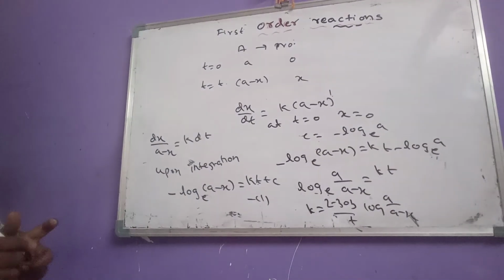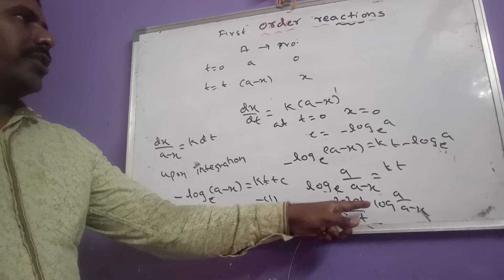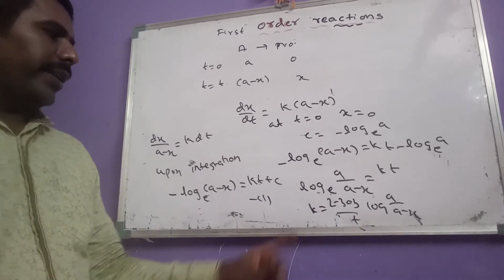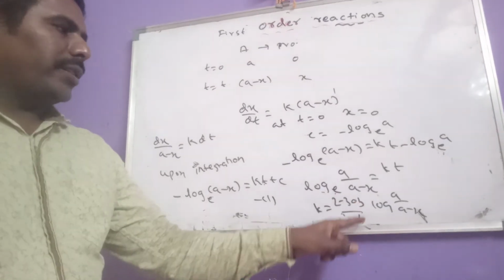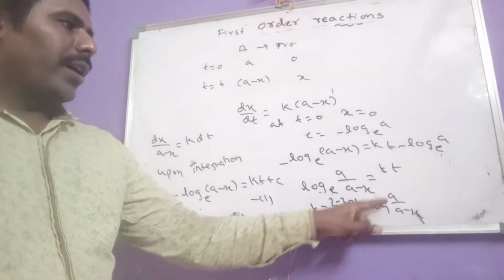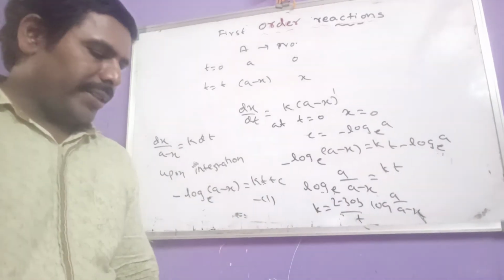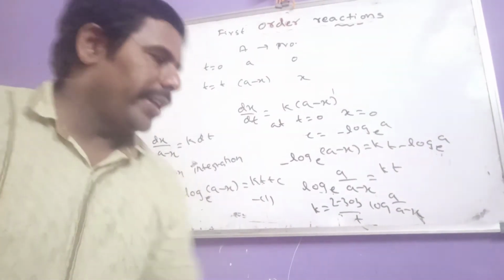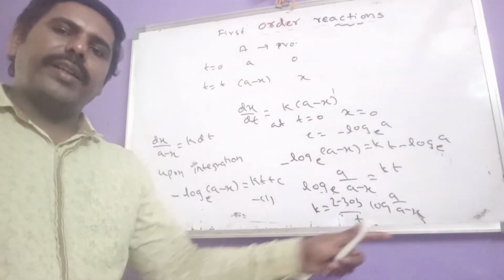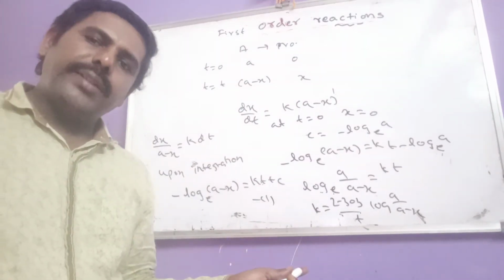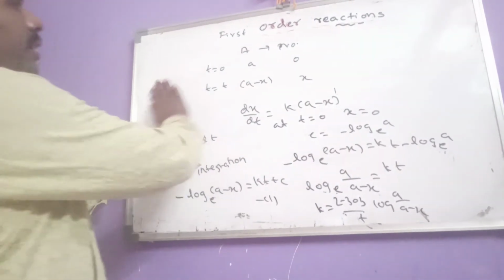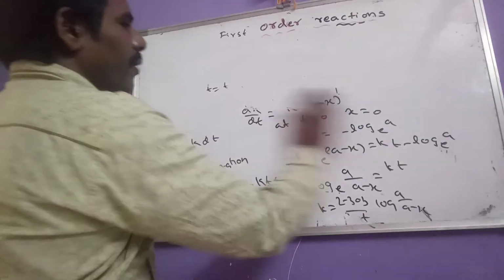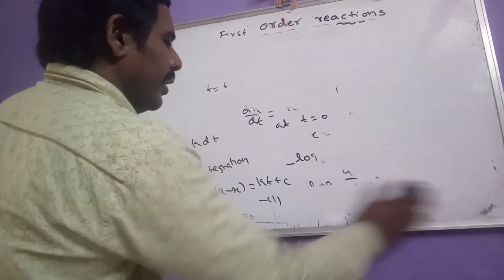This is the rate constant expression for first order kinetics, where a is the initial concentration and a minus x is the concentration at time t.